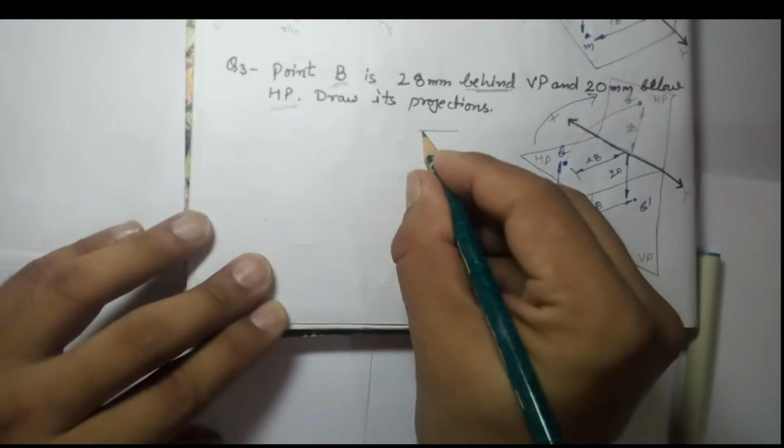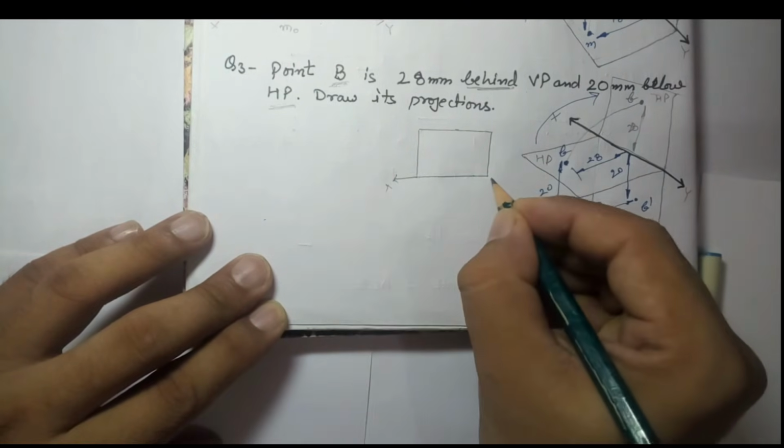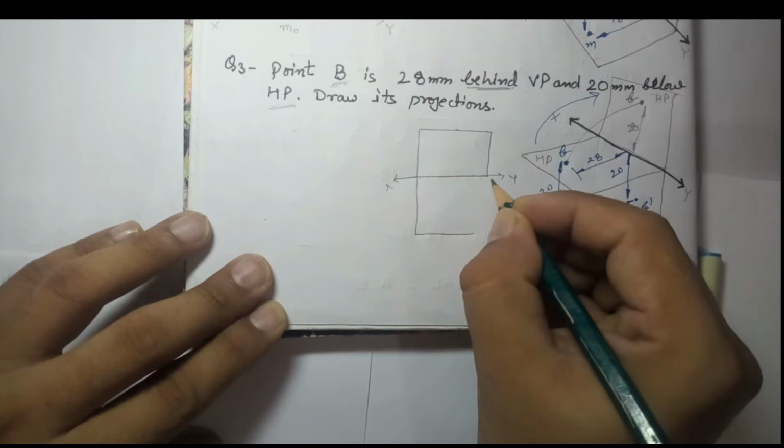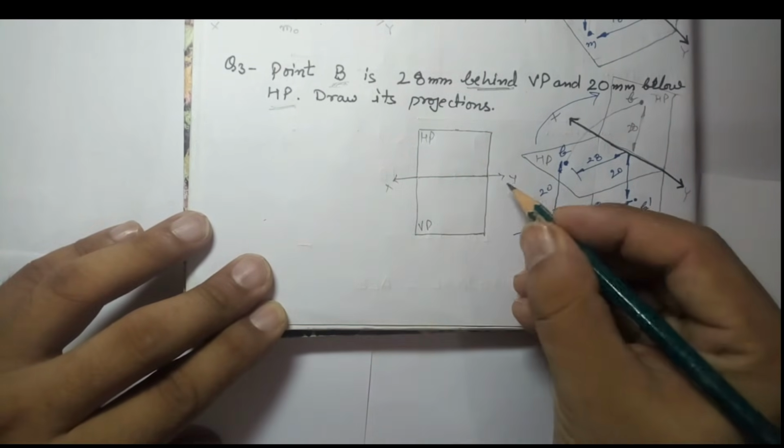To convert this 3D into 2D, what we have decided, rotate HP 90 degrees clockwise. What will happen when you rotate? So HP will go like this above the XY line, this point B will also go here, top view, and this 28 distance will also go here. So if I simplify the diagram, I can say that it will be the same like this. So this is XY. Now this is HP, this is VP, just the reverse of the first quadrant.